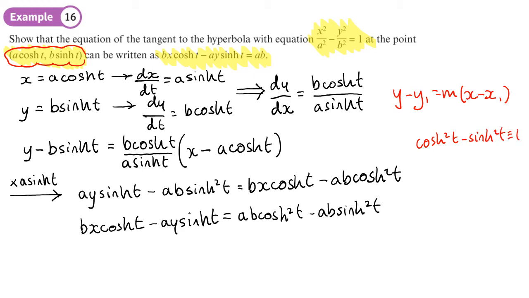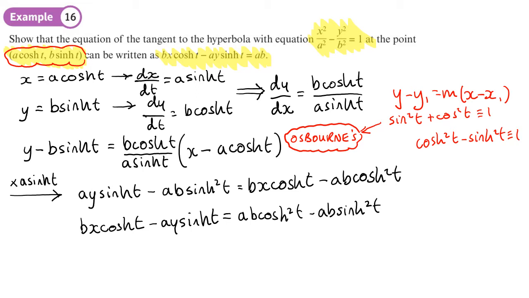Now if you can't remember that, if you start with your sin squared plus cos squared is 1, remember, you can use Osborn's rule to get from a normal trig identity to a hyperbolic identity.